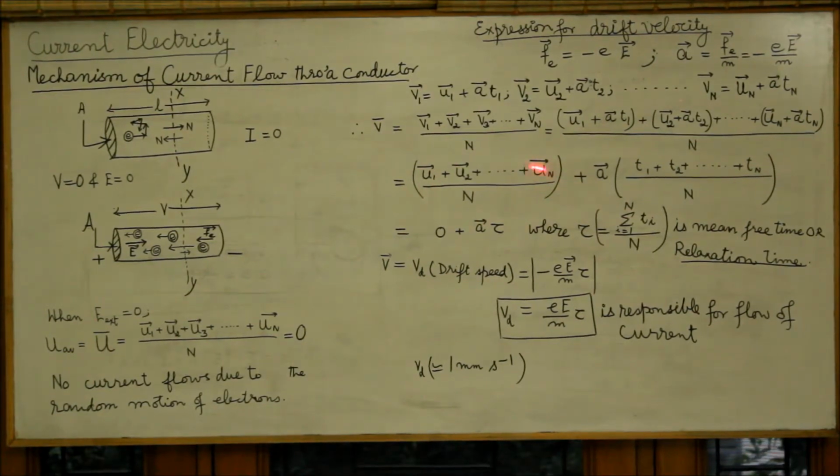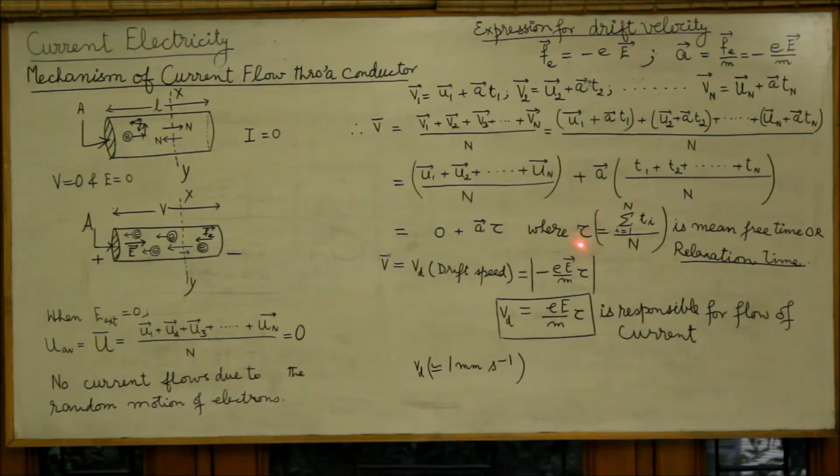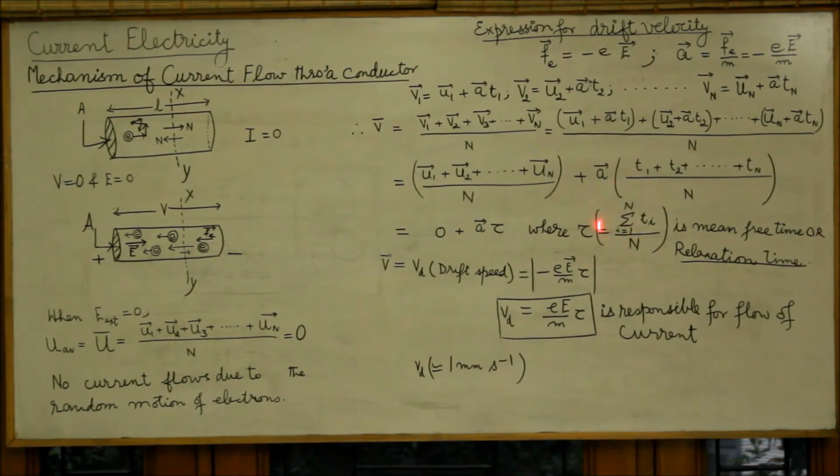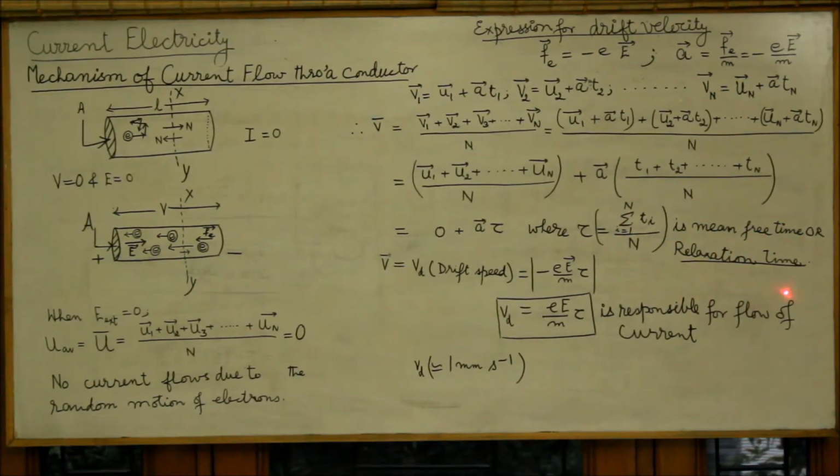This average thermal velocity, as we have already stated, is 0. So this gives you 0 plus a into T1 plus T2 plus Tn upon n, which we can write as tau, where tau is the average value of the free times of the various electrons. We call it the mean free time or the relaxation time.